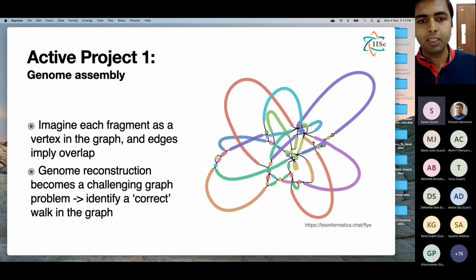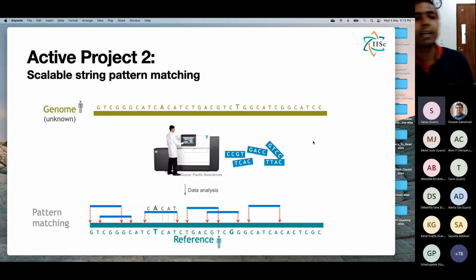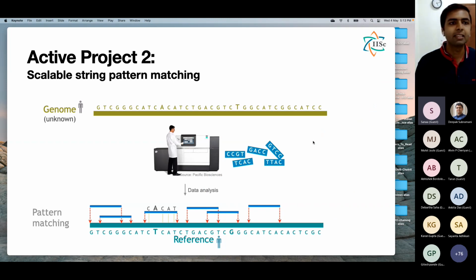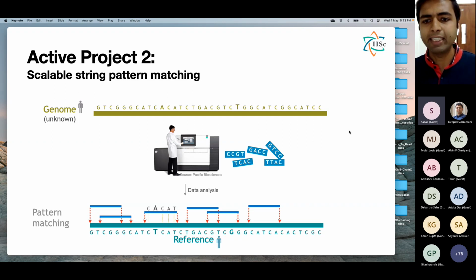Okay, so the second project is related to scalable string pattern matching. As I said, when we run a sequencing instrument, we get short pieces from the instrument. Now, one technique that I described previously to reconstruct the genome was using a graph algorithm.